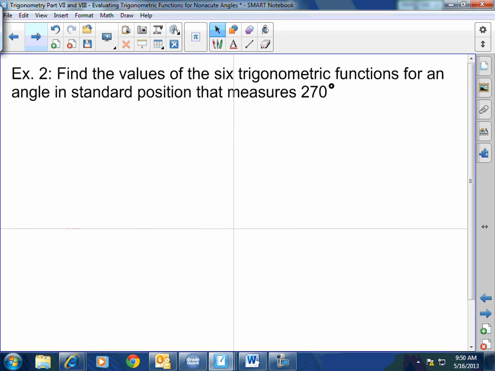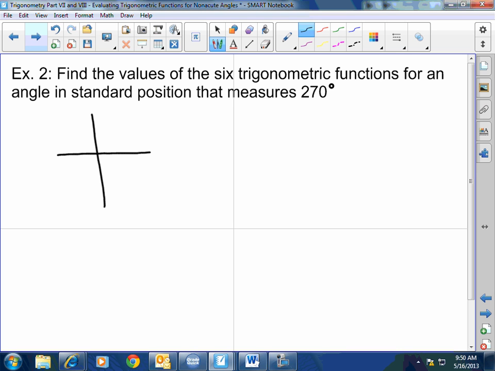Okay. Find the values of the 6 trigonometric functions of an angle in standard position that measures 270. Oh my God, what do I do? You don't stress. You make a little unit circle. You know 270 is down here, right? So is that 0, negative 1? Isn't 0 the cosine?